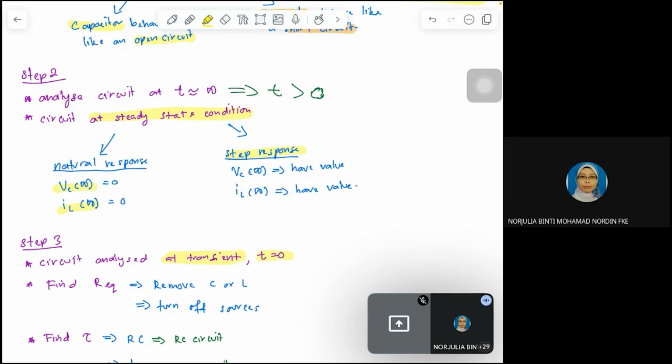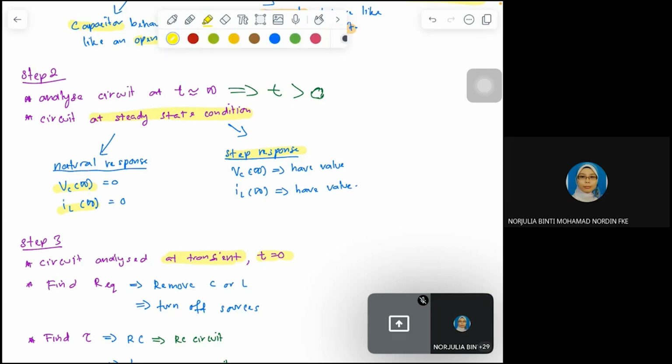So at step two, the circuit must be the circuit after zero, and we analyze the storage element under the steady state condition.